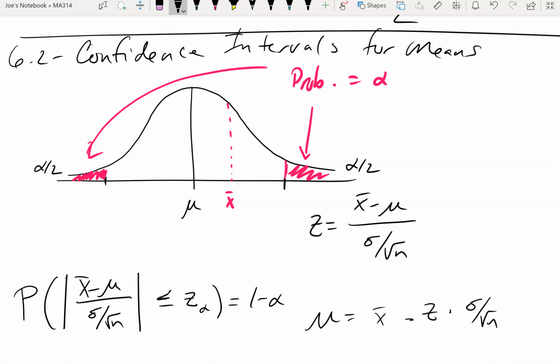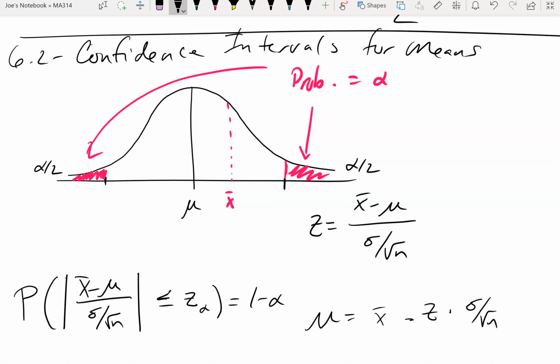I'm trying to say it in words rather than math. We want the probability that the distance is small to be a large value, so it's likely that the distance is small. Your alpha is your predefined probability that you want, so your z sub alpha is based on that predefined probability. We'll talk about how we find it in a second.